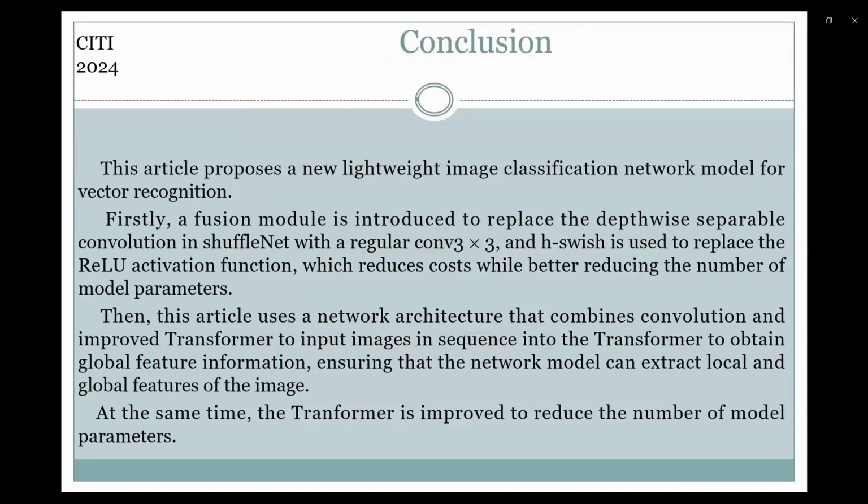Then this article uses a network architecture that combines convolution and an improved transformer to input images in sequence into the transformer to obtain global feature information, ensuring that the network model can extract local and global features of the image. At the same time, the transformer is improved to reduce the number of model parameters.